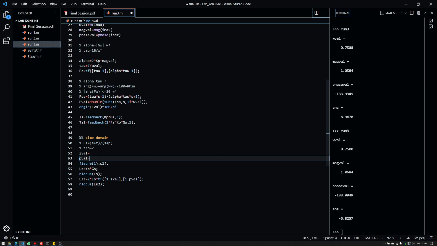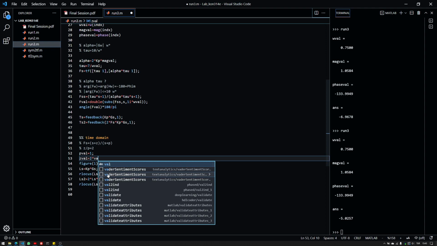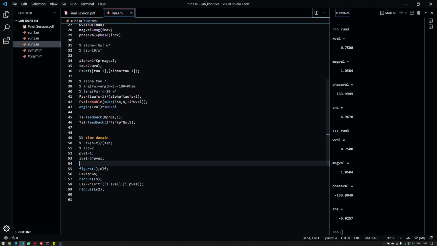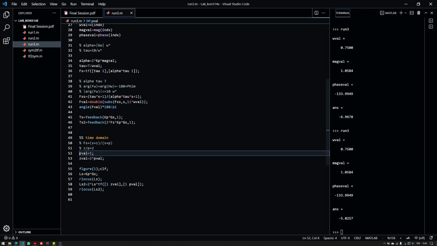Now, if we choose P val first, for example being equal to 1, we could safely assume that 2 times P val would be the solution of this equation. So I have a parameter P val, which I can change over a range, and I can end up with a controller.